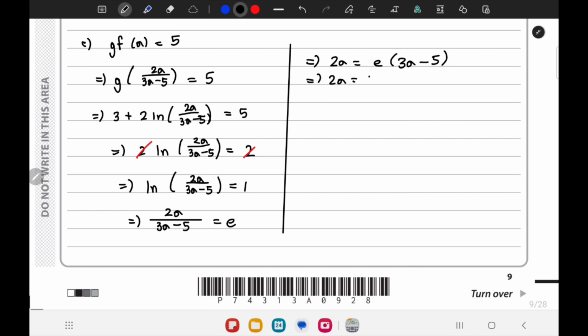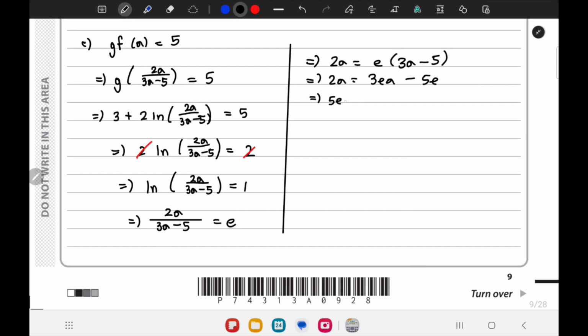So 2a equals 3ea minus 5e. If we bring all the terms that contain a to one side, because we need to find a, we have to make a the subject over here.